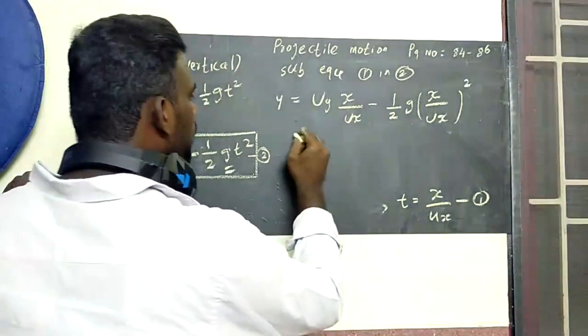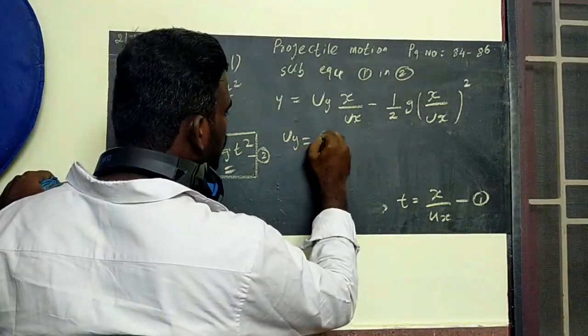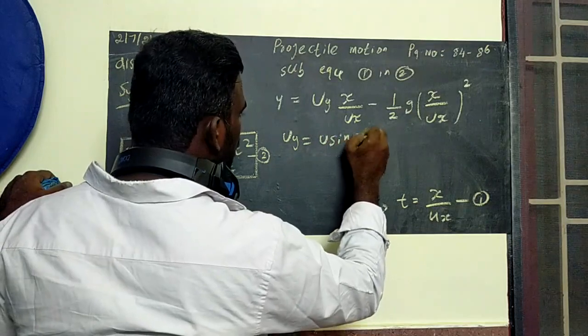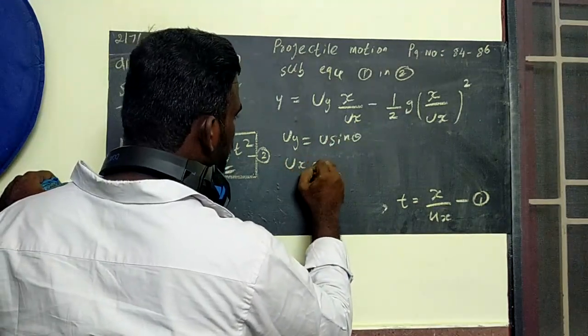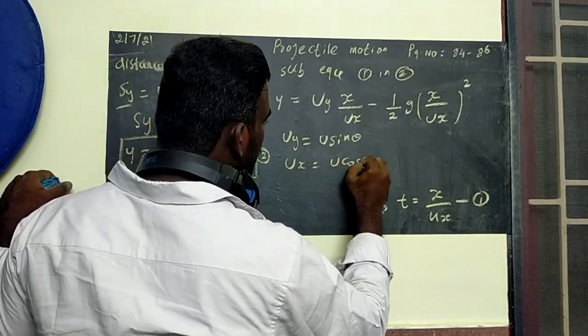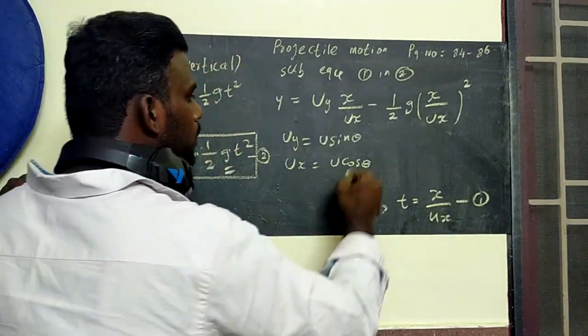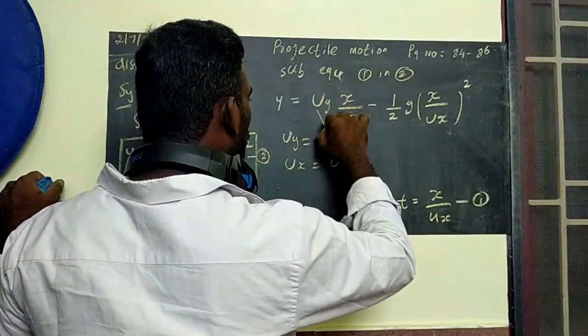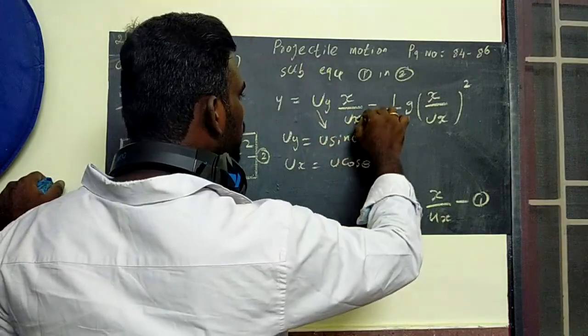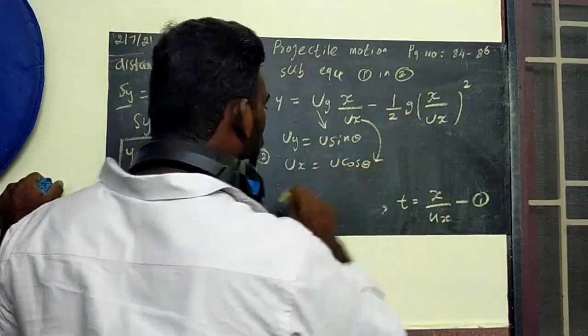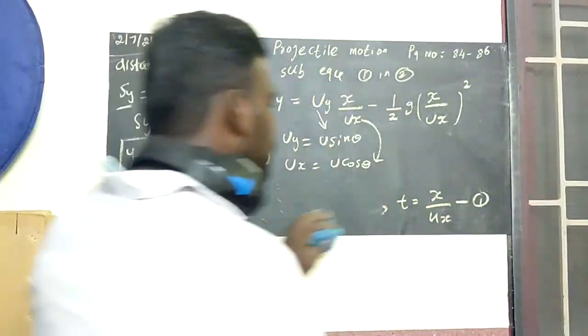And what is the uy value? The uy equal to u sin theta. What is the ux? Ux equal to u cos theta. Is that clear? Substituting in place of uy, you can put u sin theta. In place of ux, you put u cos theta. Is that clear?